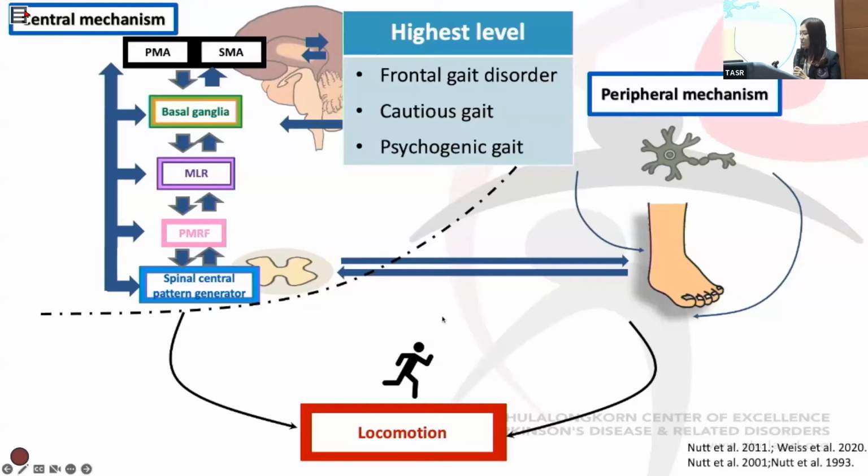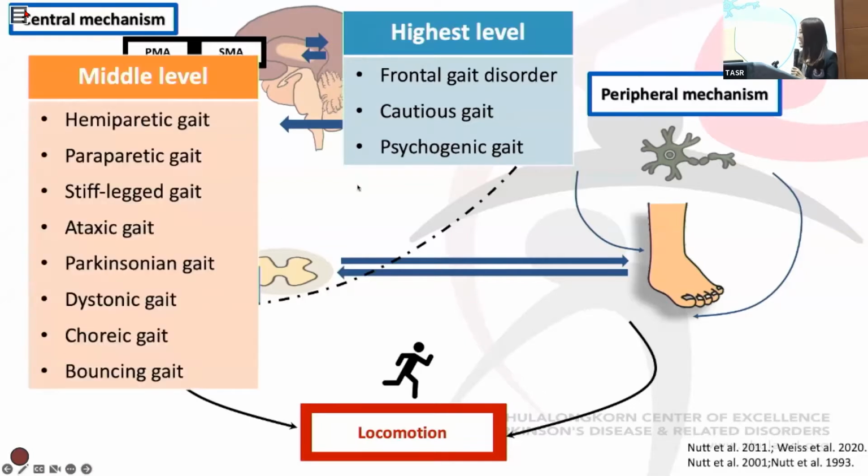This correlates with the classification of gait abnormalities. Abnormalities of the frontal area will contribute to the highest level gait disorders, including the frontal gait disorder, the cautious gait, and the psychogenic gait.